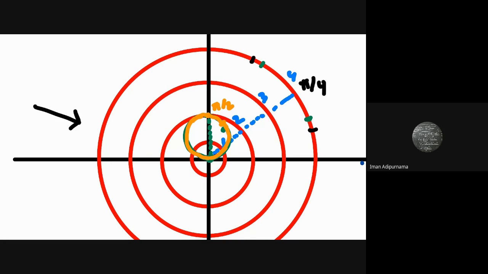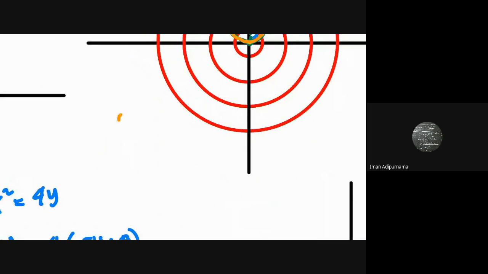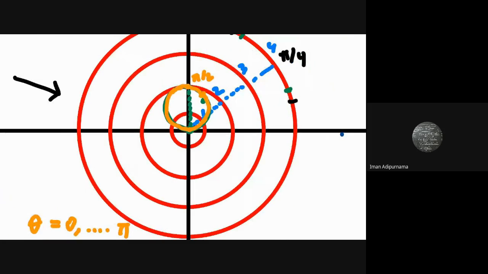Until pi, it's going to have another 0, and we stop at this point. If we increase the theta, for example from 0 until pi, and then increase past pi, maybe pi plus 5 over 6 or any angle after that, you will have another circle that is still on the same side.